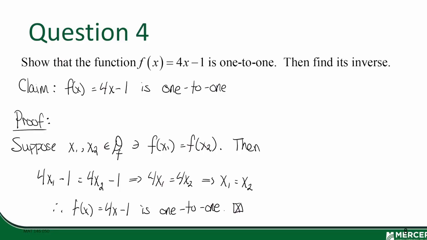Therefore, we can conclude that this function, f of x equals 4x minus 1, is indeed one-to-one.